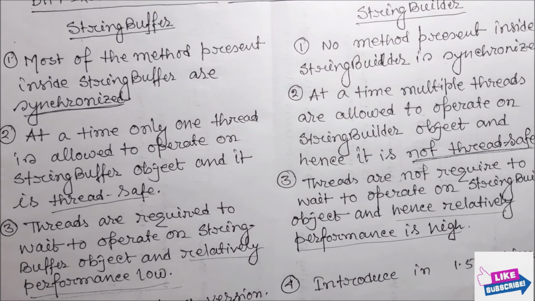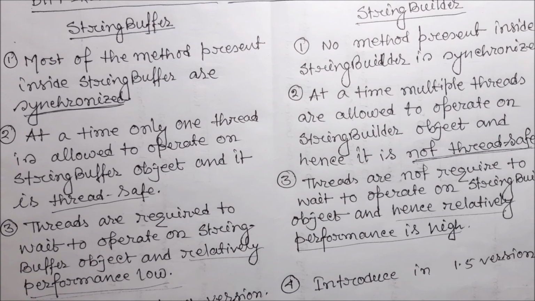So these are the most important differences between the StringBuffer and StringBuilder classes. In StringBuffer, all the methods are synchronized, but in StringBuilder, all the methods are non-synchronized. In StringBuffer, at a time only one thread can access, so it is thread safe. But in StringBuilder, at a time multiple threads can access, so it is not thread safe.